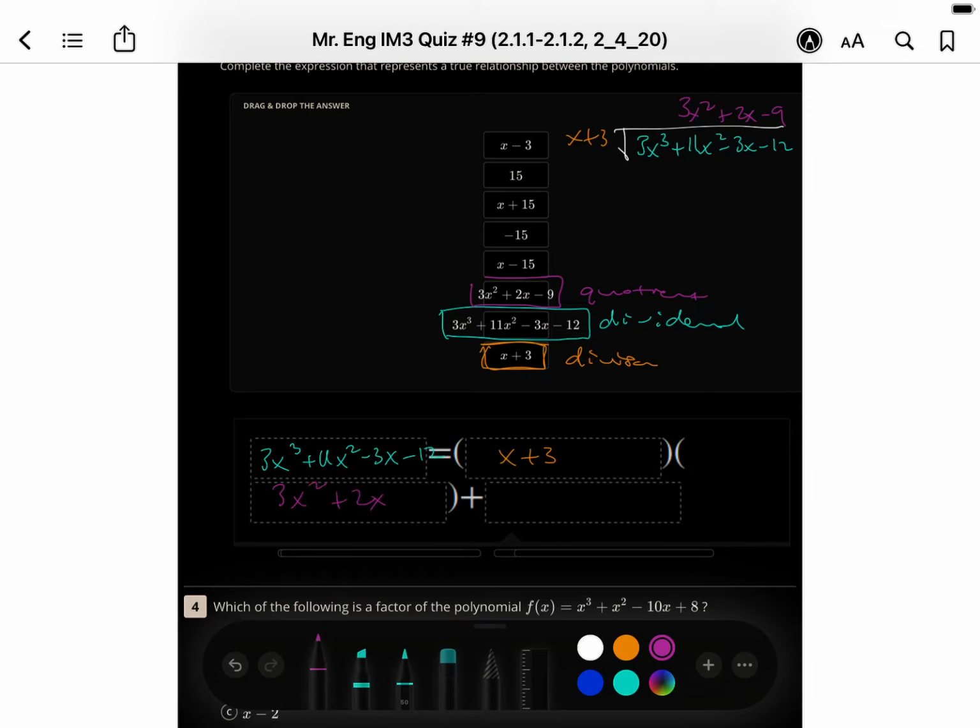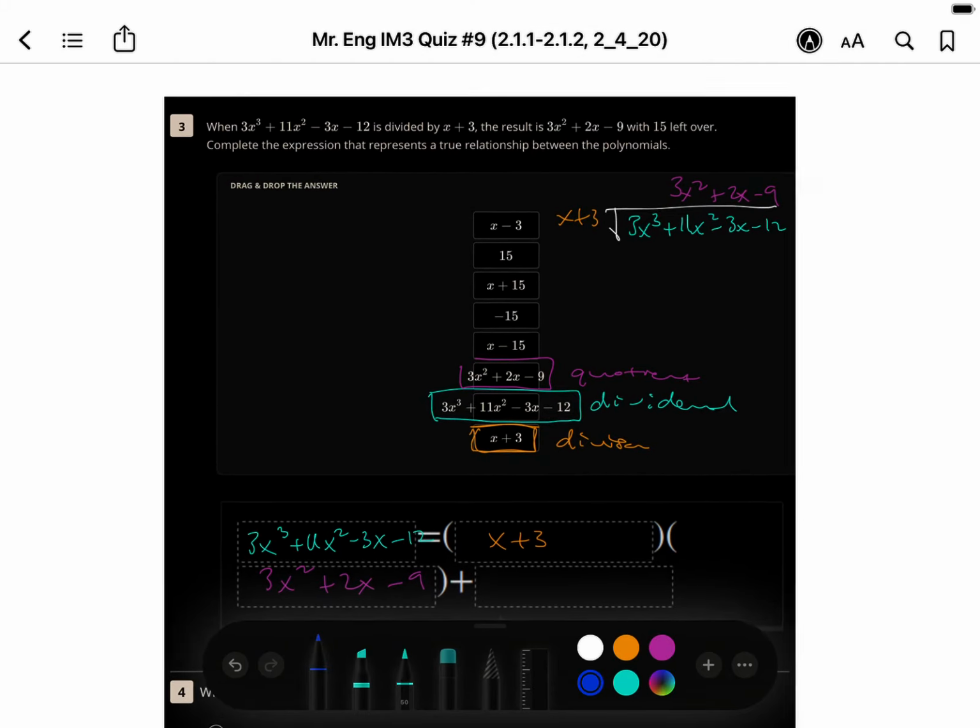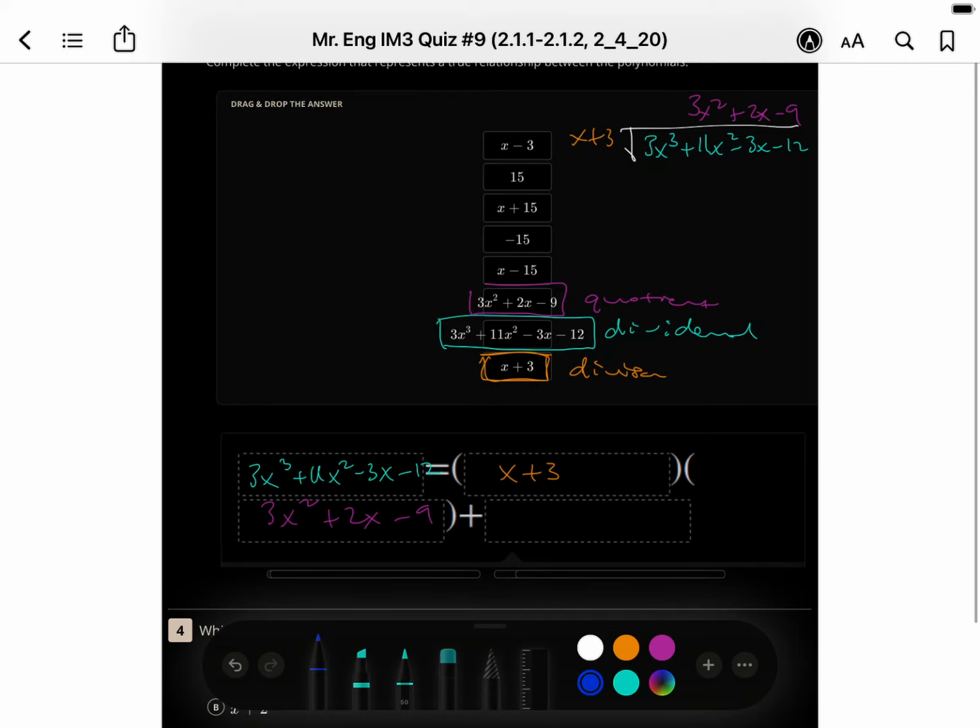We'll practice this quite a bit on your skills practice. And then it says 15 is left over. So the 15 that's left over, okay, here's the tricky part. It's got to be 15 over x plus 3.